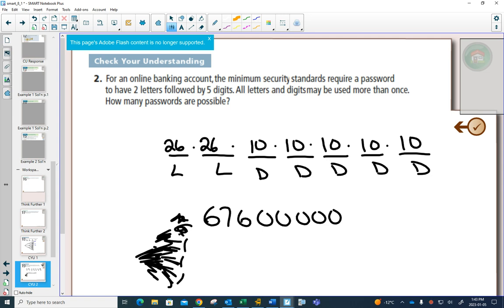So 26 to 52 plus the digits, you're now at 62 for each thing. An 8-letter password, 62. If you just used not even special symbols, 62, 62, 62, that's 62 to the exponent of 8, which is a very, very big number. Chances of getting that password are unlikely.